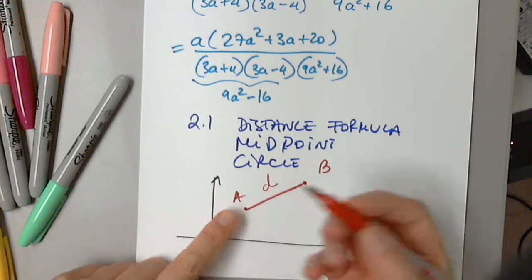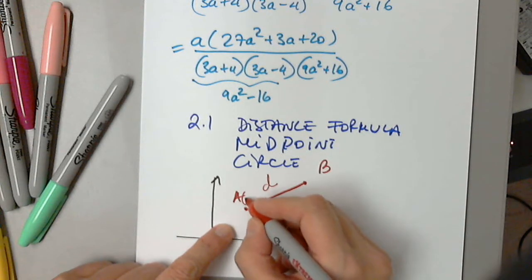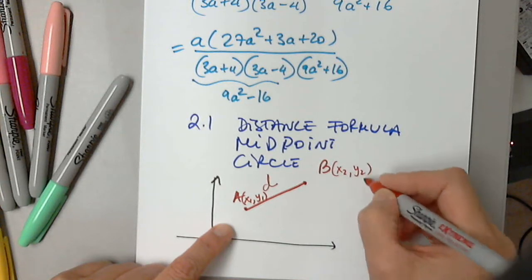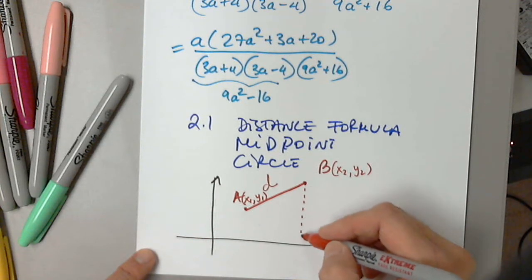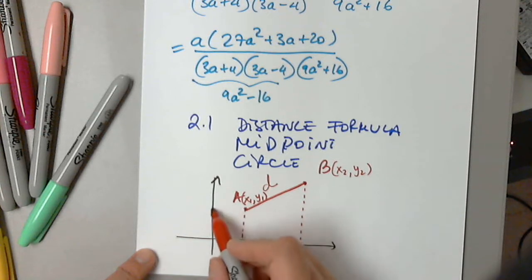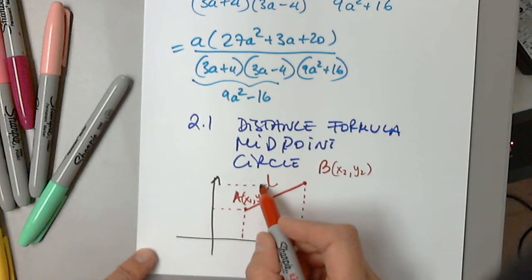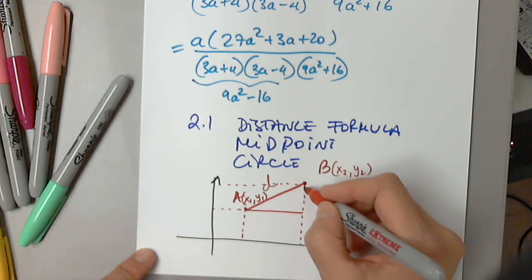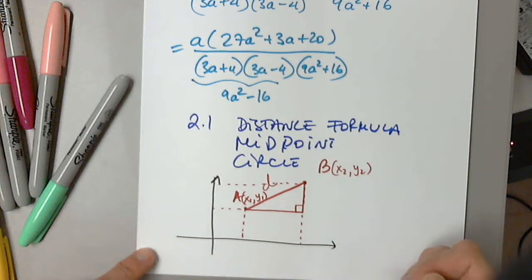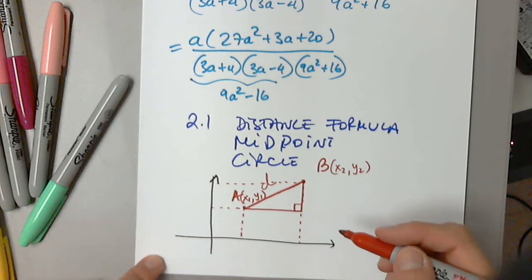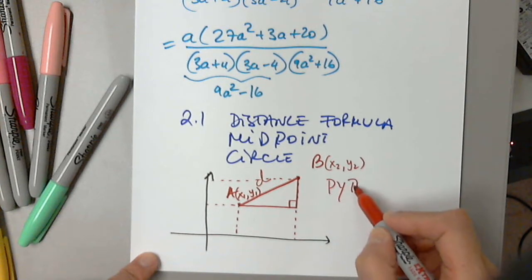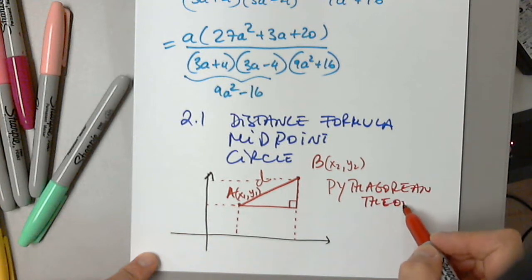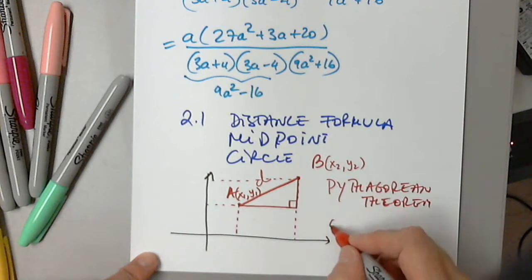So we want to measure this distance. Well, I have to establish the coordinates of A, right? It's x1, y1, and B, x sub 2, y sub 2. And we will form a right triangle. And all we need to do is use the Pythagorean theorem to determine the distance.